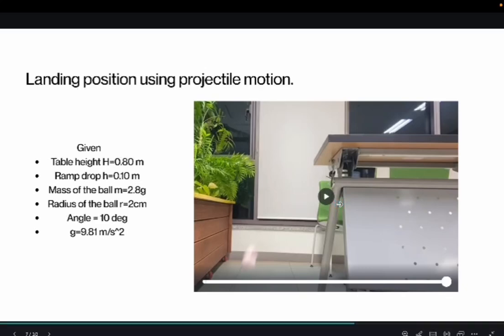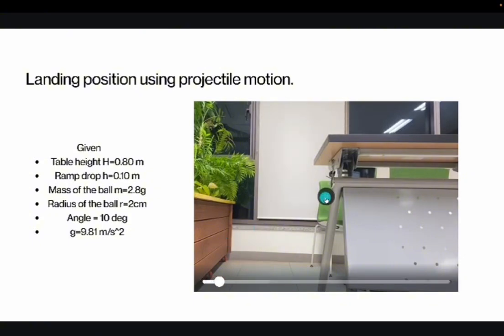So, to test the ideas presented in Bacon's paper, we performed a simple experiment using a lightweight plastic ball. The ball had a mass of 2.8 grams and a radius of 2 centimeters, and it was released from rest at the top of a ramp with a vertical drop of 10 centimeters.